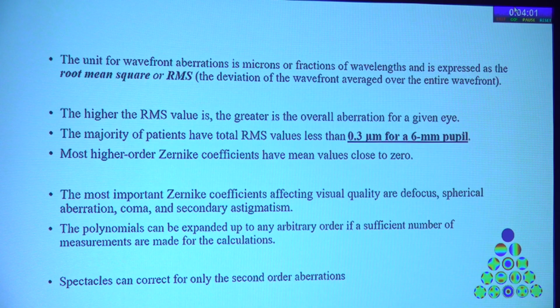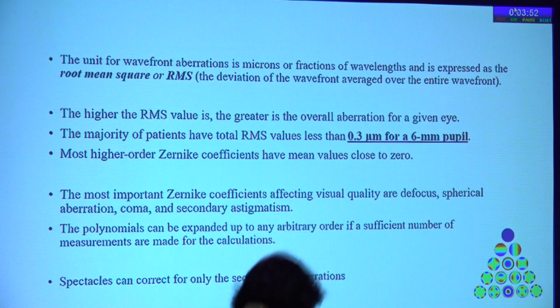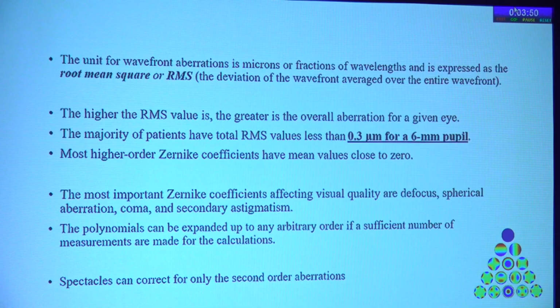The unit for wavefront aberration is microns or fraction of wavelength, and it is expressed as the root mean square, RMS, value. The higher the RMS value, the greater the overall aberration for a given eye. The majority of patients have a total RMS value less than 0.3 micron for a 6 mm pupil. The pupil size is also very important when the calculation occurs. Most higher order Zernike coefficients have a mean value very close to 0.